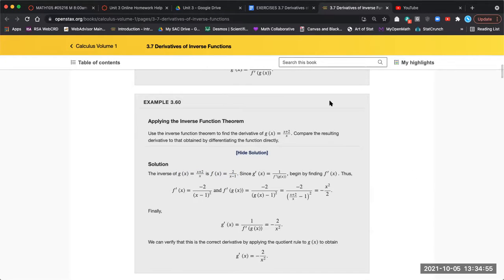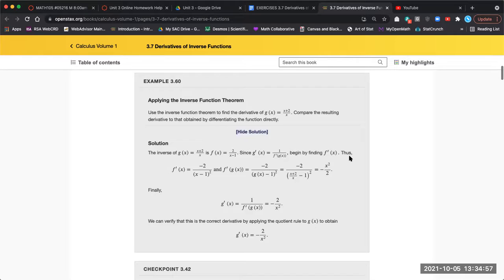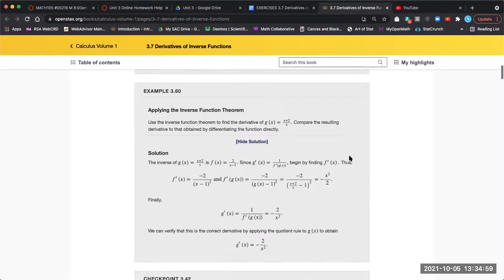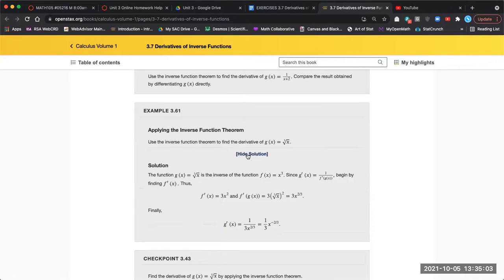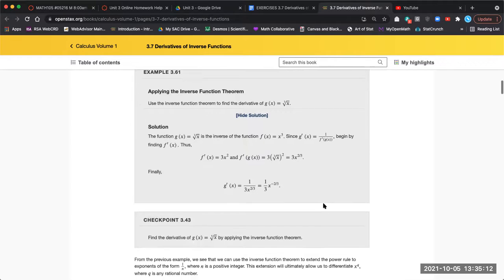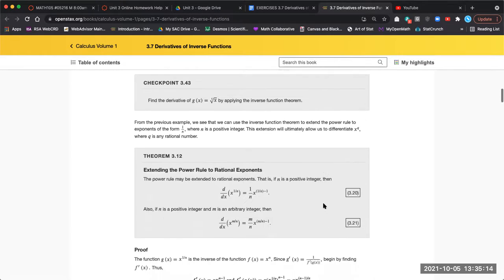It's up to you. I wouldn't emphasize this too much, but you can apply it if it comes naturally or quickly to you. The big emphasis is that once you know what the inverse is, it's easier just to take the derivative of the inverse versus trying to apply the rule in many of the cases.